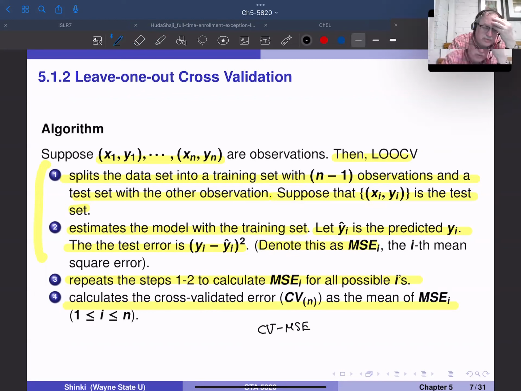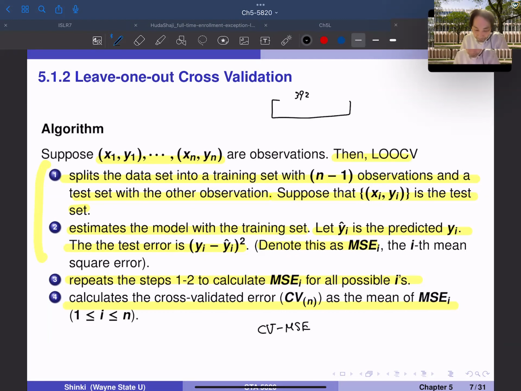My claim is that this method is good to accurately estimate the test error, the expected error size for a test set. The point is that we have 392 observations and we fit the model.